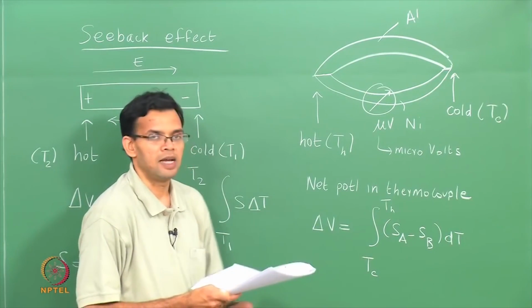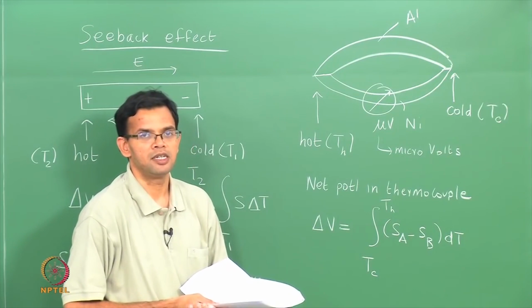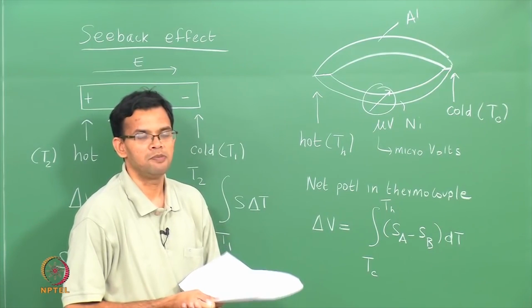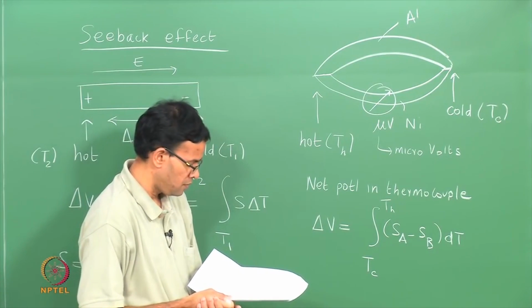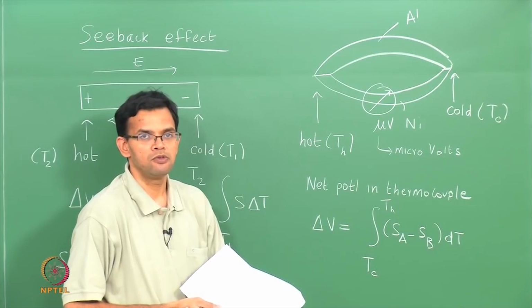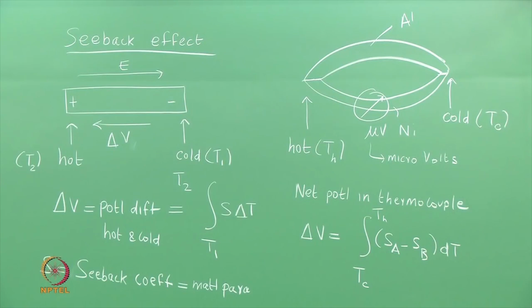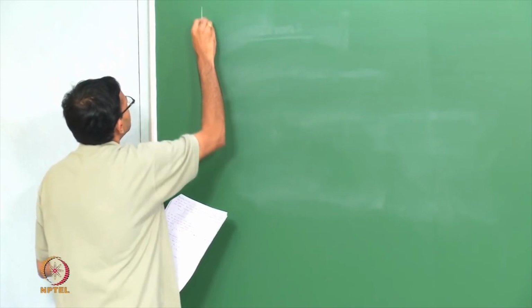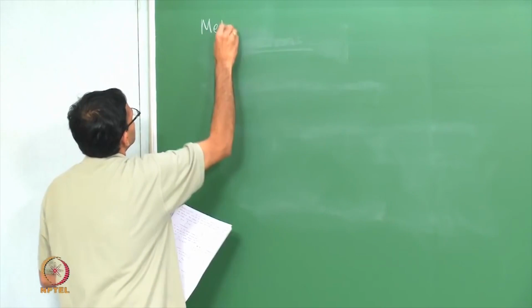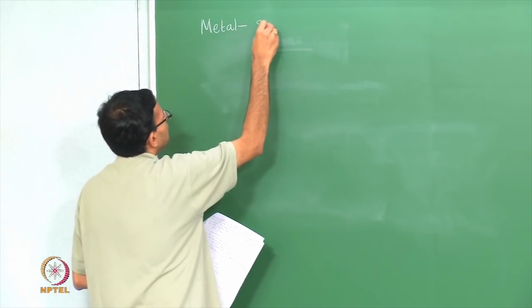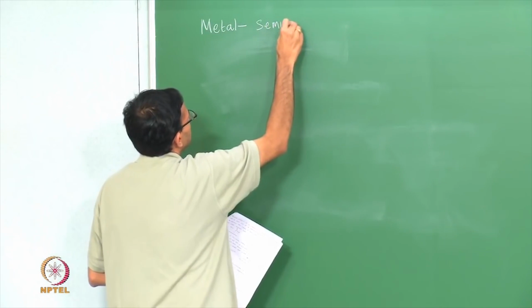So, this is an example where metal-metal junctions are formed, and whenever you have these junctions, there will always be a contact potential. Next, let us move to a metal semiconductor junction. We will consider the case of a junction formed between a metal and a semiconductor.